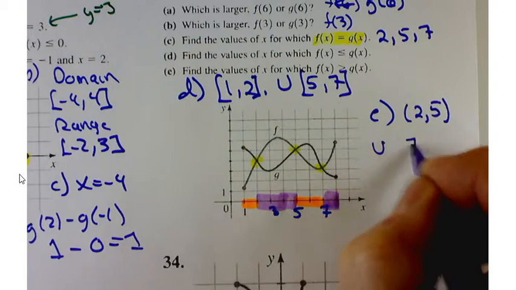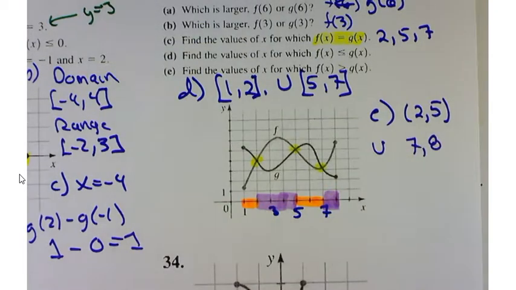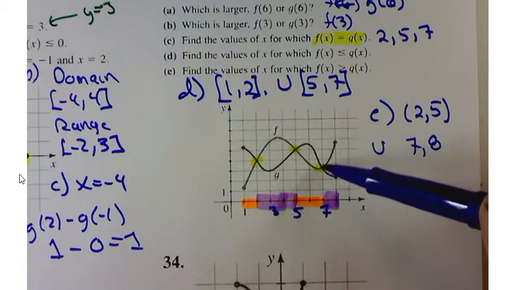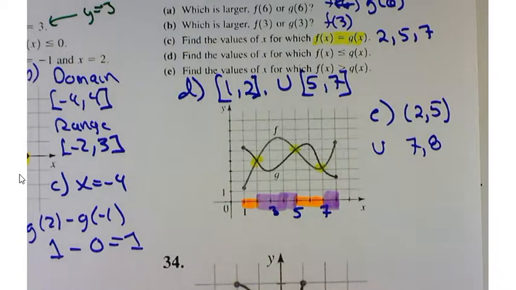7 and 8. But like I said, we have to be a little bit more careful on this one because there's something a little bit subtle about this last part here. Well, right here, they're actually equal. So, Lily, what should we do on the left-hand endpoint and the right-hand endpoint of this in terms of brackets and parentheses?